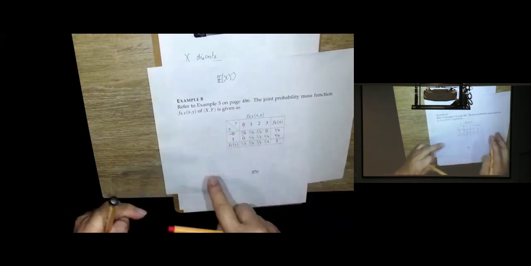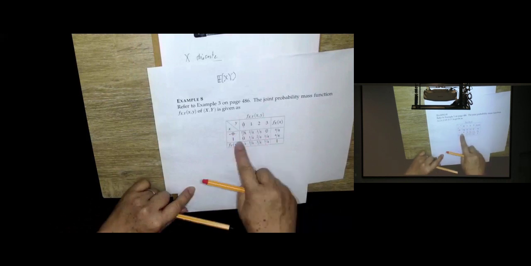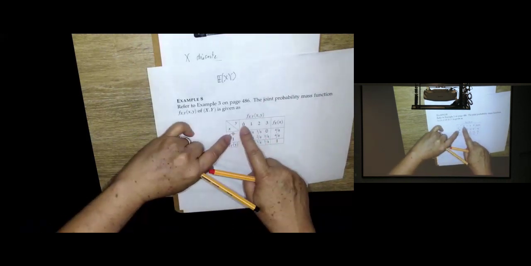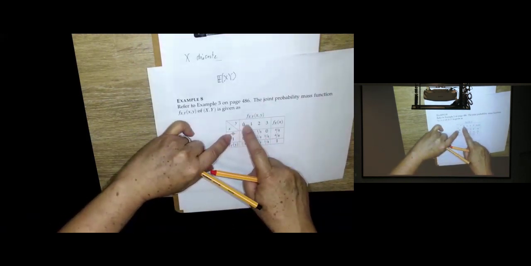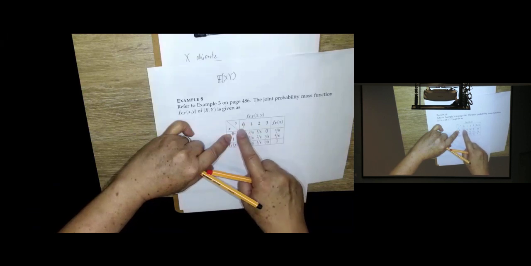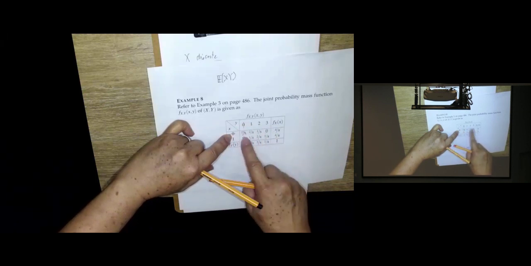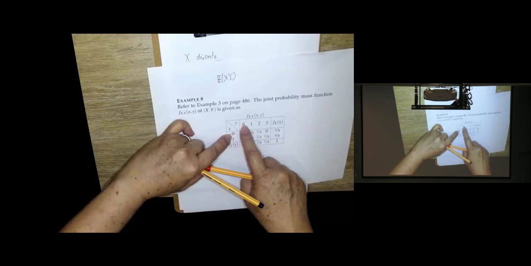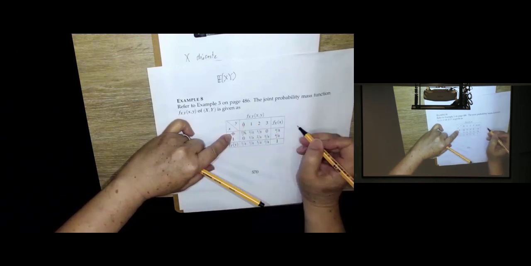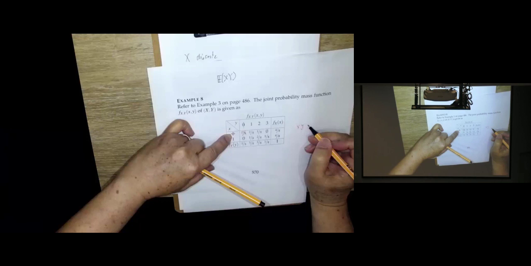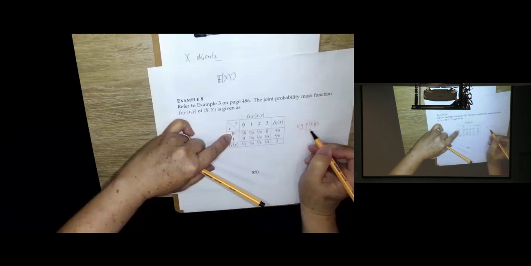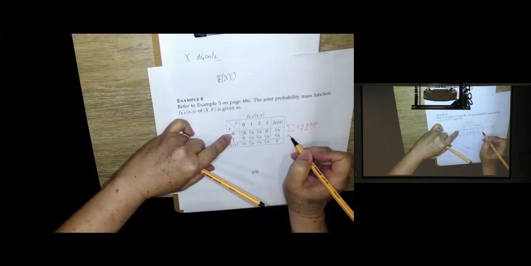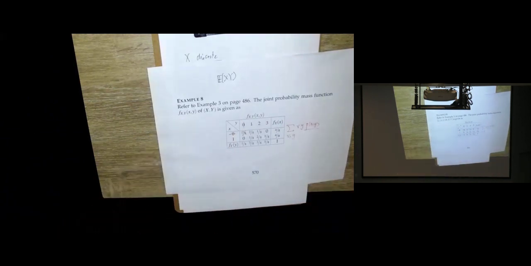So basically, for each entry, you go back to the corresponding x and y. You multiply the x and y, and then multiply the probability of the x and y in the entry, and then you sum over all of them. So that is the procedure.